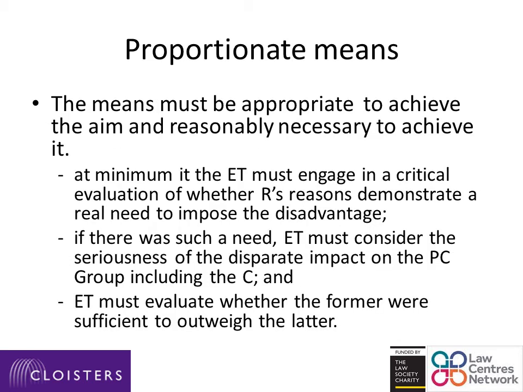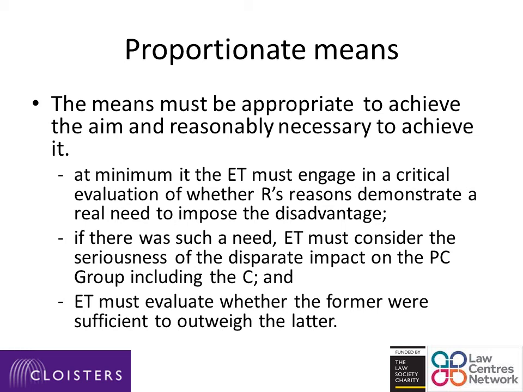Proportionate means. The means have to be appropriate to achieve the aim and reasonably necessary to achieve it. And at the minimum, the Employment Tribunal has to engage in a critical evaluation of whether the respondent's reasons demonstrate a real need to impose the disadvantage.